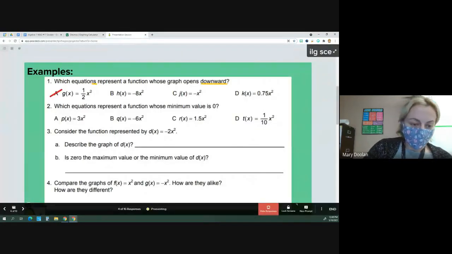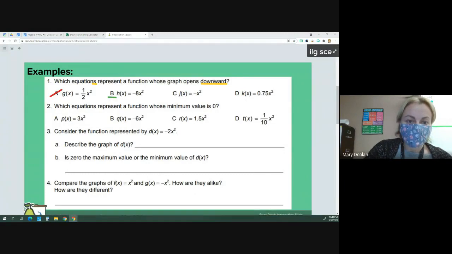So b is one of our correct answers. I check the next one, j of x equals -x squared. Well, I don't see a number, I just see a negative sign, but there's always an invisible one, so -1. Yes, that opens downward because it's a negative a.